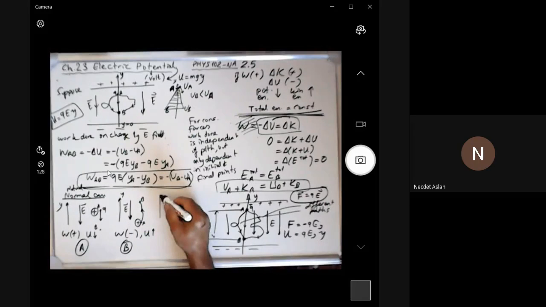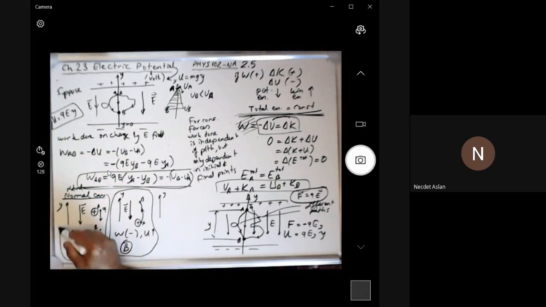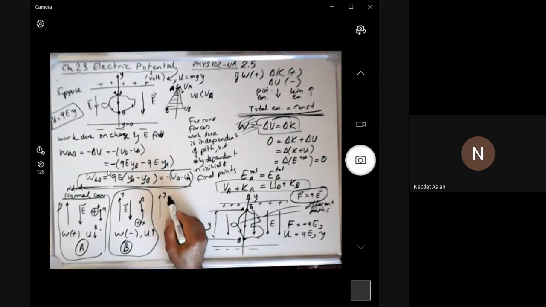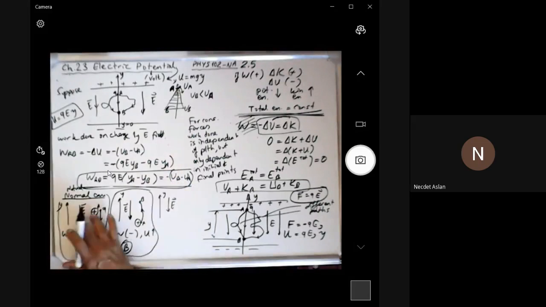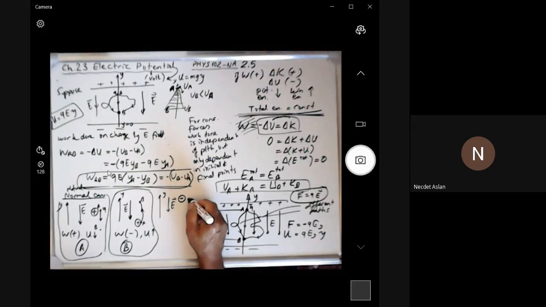Now, if we consider a negative charge, for instance, again we have the electric field, and Y is again in this direction. So this is a different case. Let's just put these in regions. In this case, the electric field is again downward, the same, so this structure doesn't change. But now let's have a negative charge. The negative charge is moving from A to B, like that.